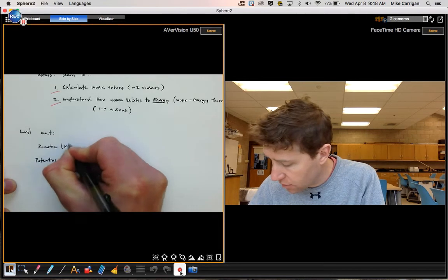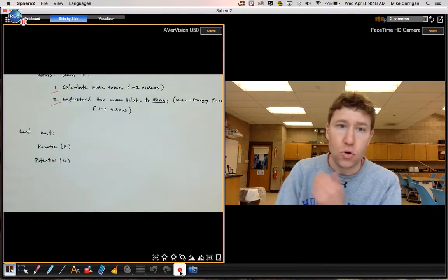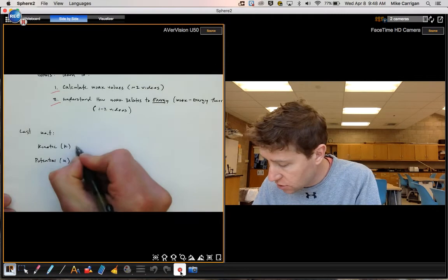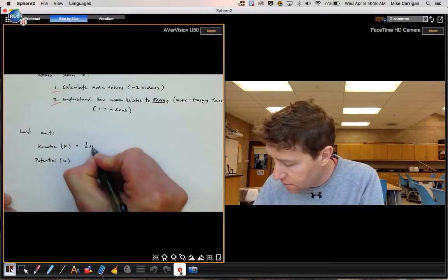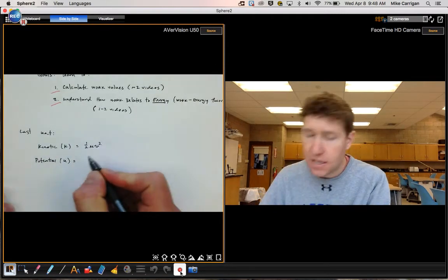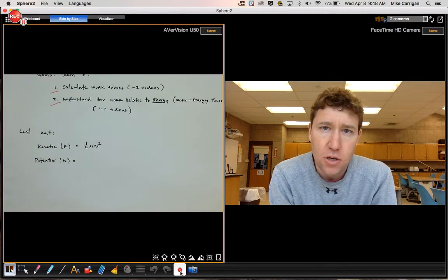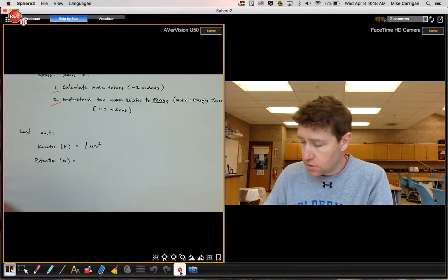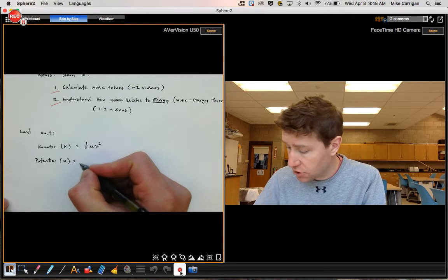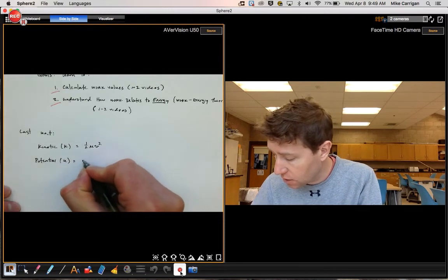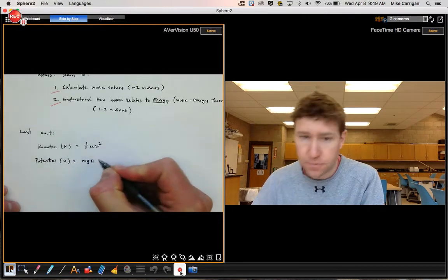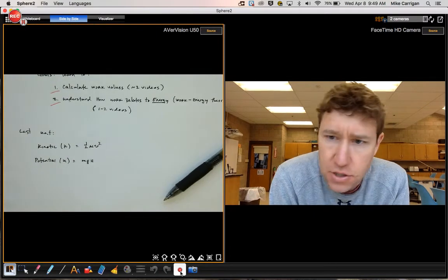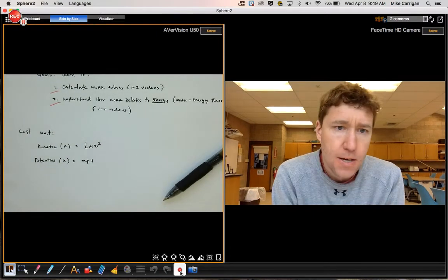Kinetic energy is abbreviated K, potential energy abbreviated U. Our equation for kinetic energy was 1/2 mv squared. For potential energy, we thought about potential energy only as it relates to gravity. So that's gravitational potential energy, which we calculated as mg times h, where h is some height.